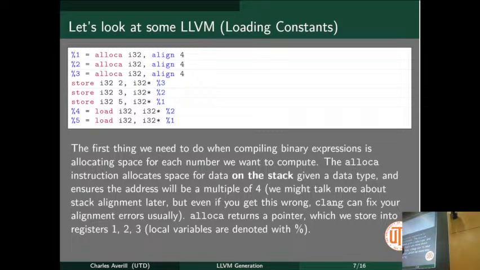And I'm sure there could be a better way to do it, but I think it adds some nice challenging complexity to how we're going to deal with everything. And then finally, we are going to load the values in registers 2 and 1 into registers 4 and 5. So while registers 2 and 1 contain pointers to the values 3 and 5, as seen by the second 2 store commands, when we load those pointers, we're going to get the actual value from them.